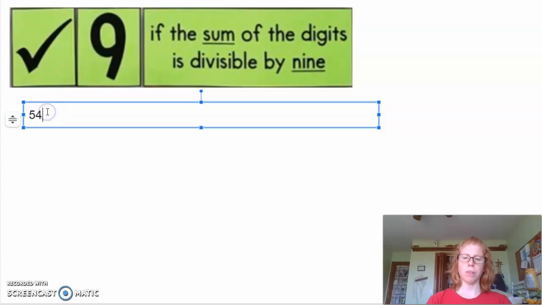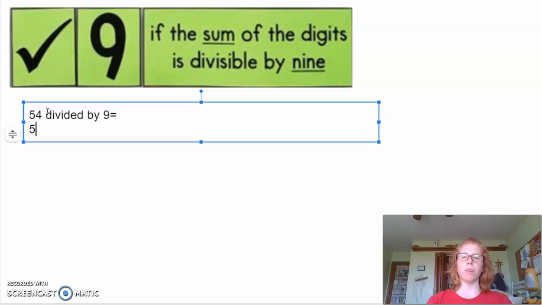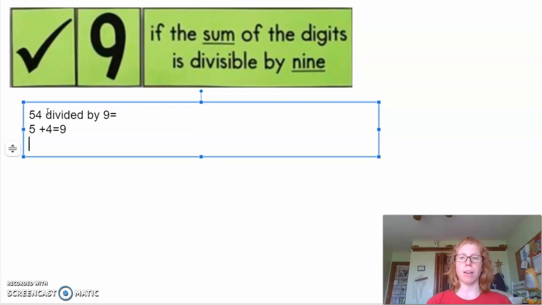The number 54. 54 divided by 9. Well, let's go back to the number 54. What's 5 plus 4? 5 plus 4 equals 9, and I can divide 9 by 9. 9 fits into 9 one time. So yes, 54 can be divided by 9.